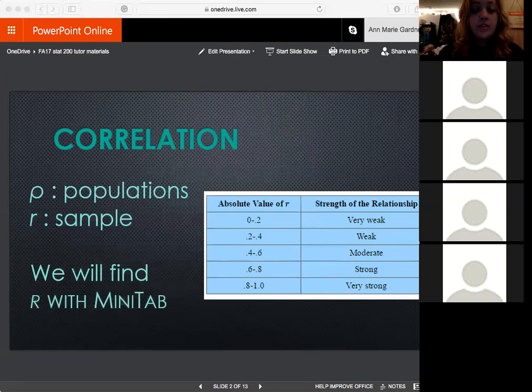So we have between 0 and 1, and then based upon the direction of that correlation, as you can see, the absolute value of R here. Dependent on what number you have, that's going to be the strength of the relationship. After you find this, you decide if it's a positive or negative relationship, and then you add the positive or the negative in with it. So you start out with just the positive numbers and then change it if it happens to be a negative relationship.